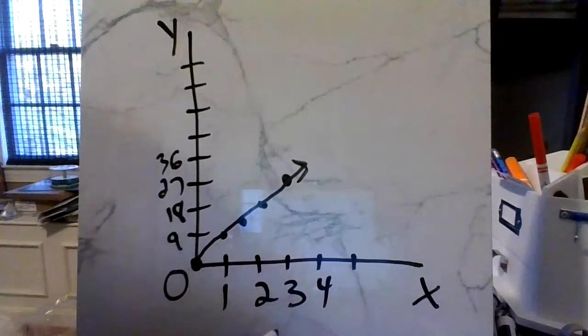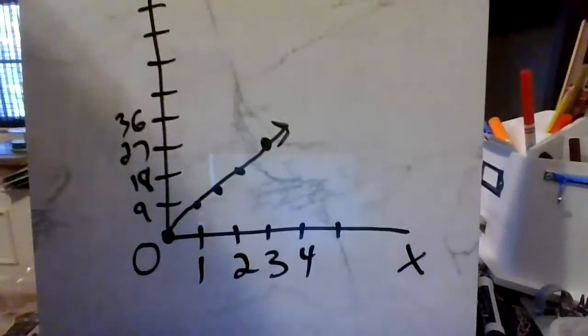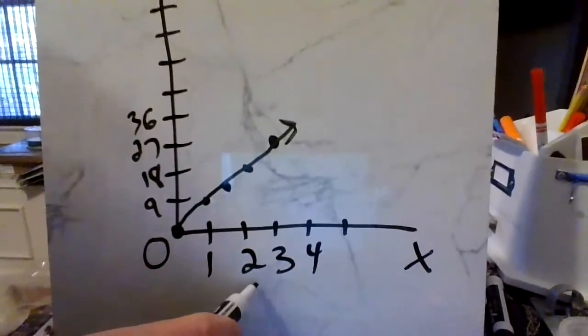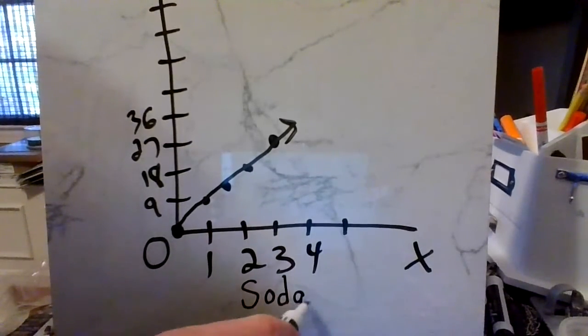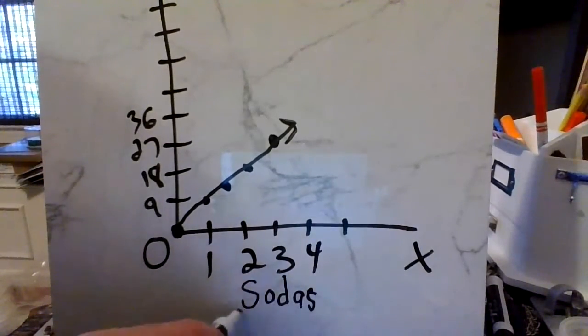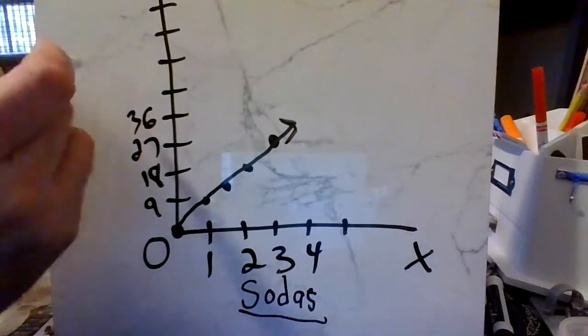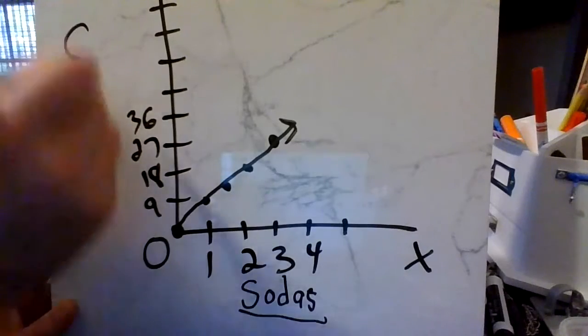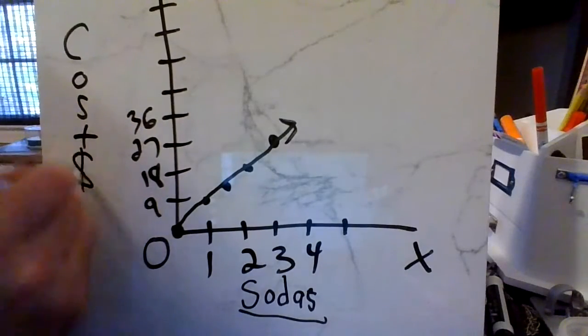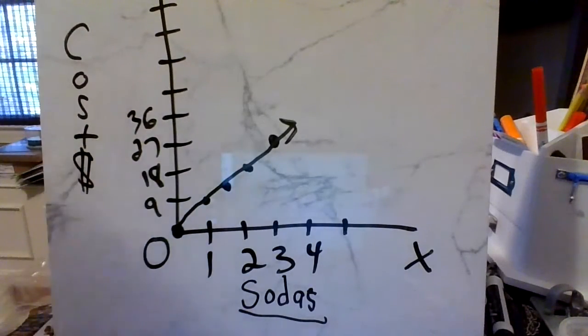Two sodas. Sodas, and then the cost. You can write cost, or you could put a money symbol. Anything to represent cost.